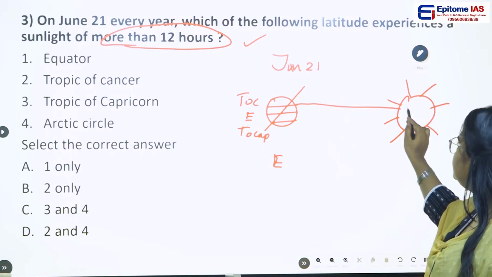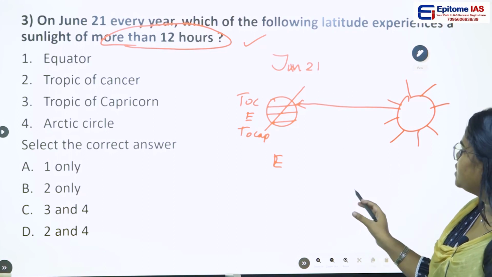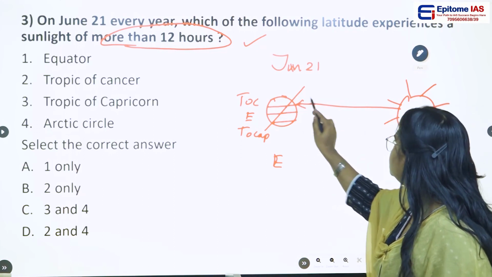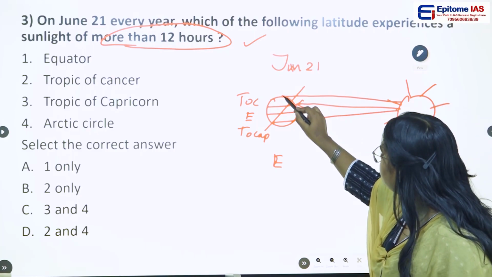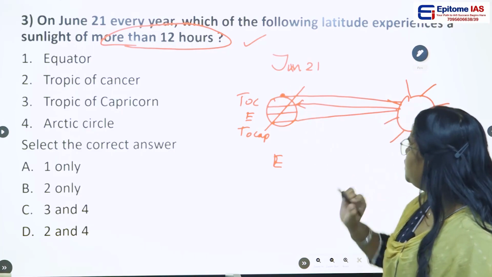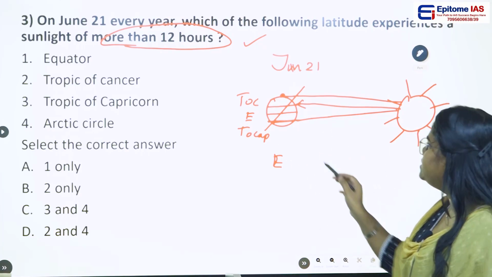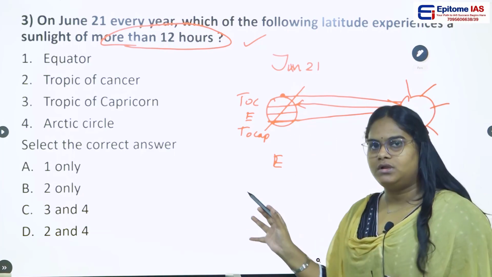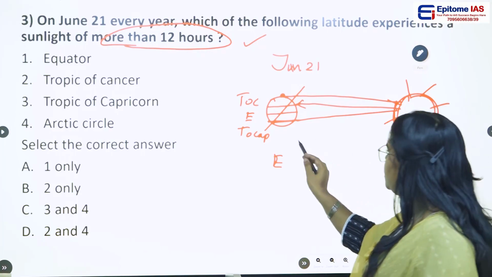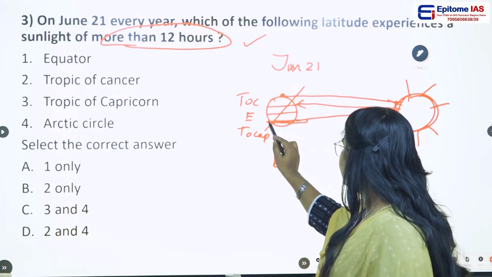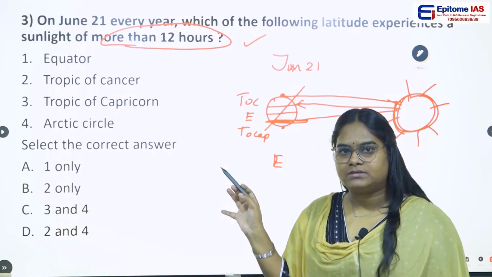So if you see the direct sun rays, it falls on the Tropic of Cancer, and clearly the sun rays will be lying between the North Pole and till the Tropic of Capricorn, and this particular South Pole will not be having any sort of sun rays. The South Pole, especially after the Tropic of Capricorn till the South Pole, it is complete darkness, right?